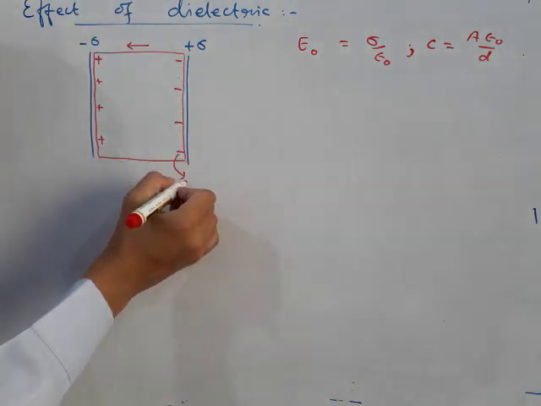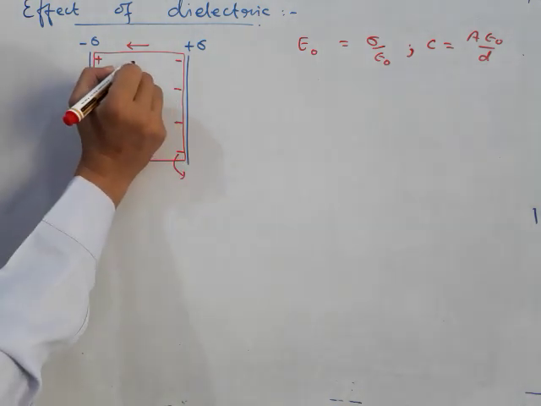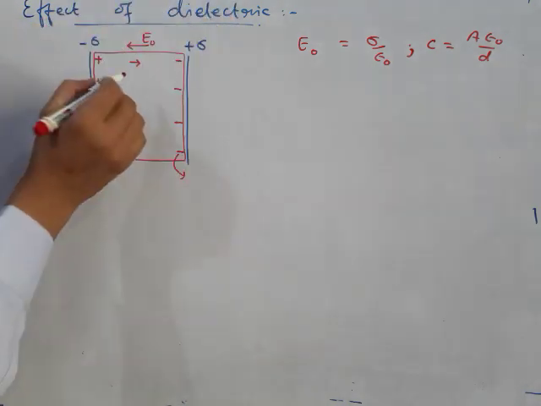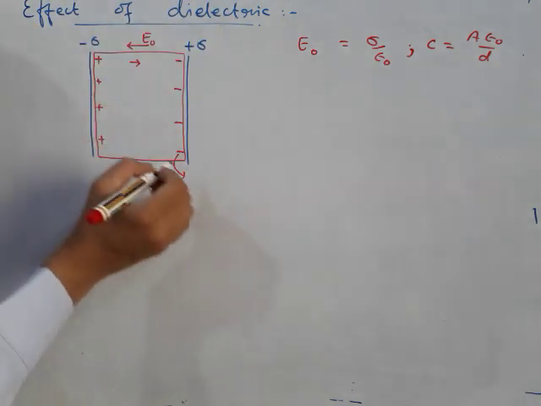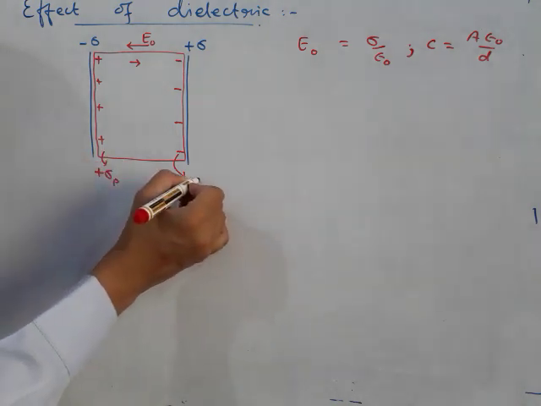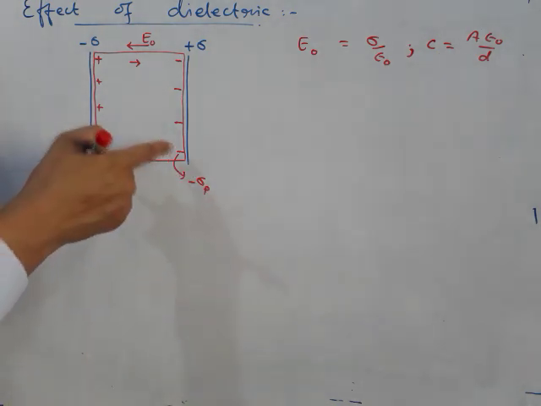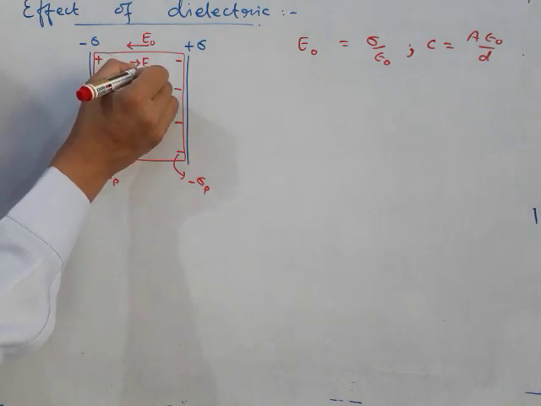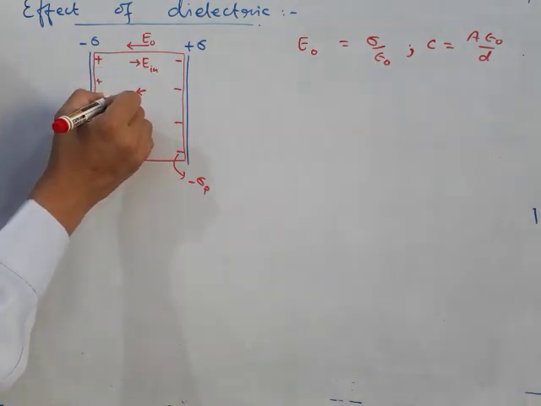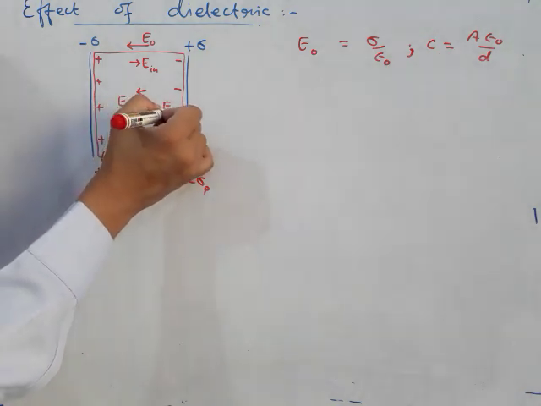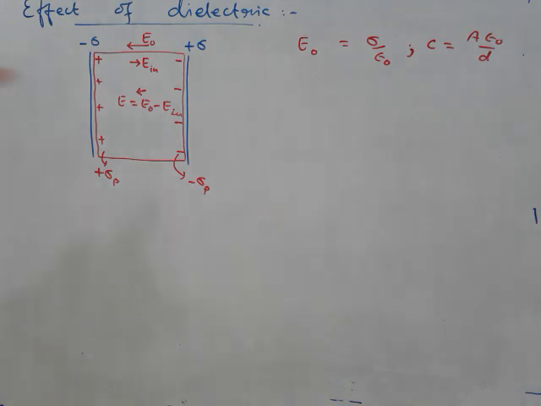This was our E naught, and due to polarization, surface charge densities plus sigma p and minus sigma p develop, and that results in an electric field opposite to the direction of E naught. So this is E in, so the net electric field will be in the direction of E naught, and that E will be equal to E naught minus E in. This is the magnitude.